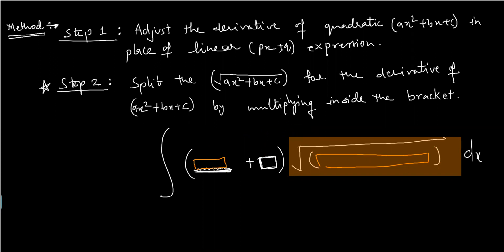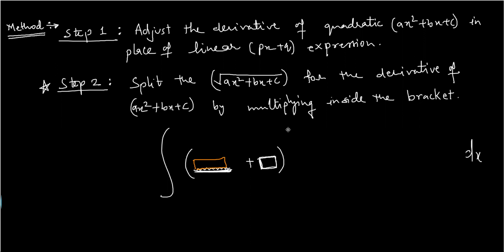Let me take you back. When that thing was in the denominator, once again our aim was to write this derivative part with this. So what we did, we split this upon the denominator plus this upon the denominator.